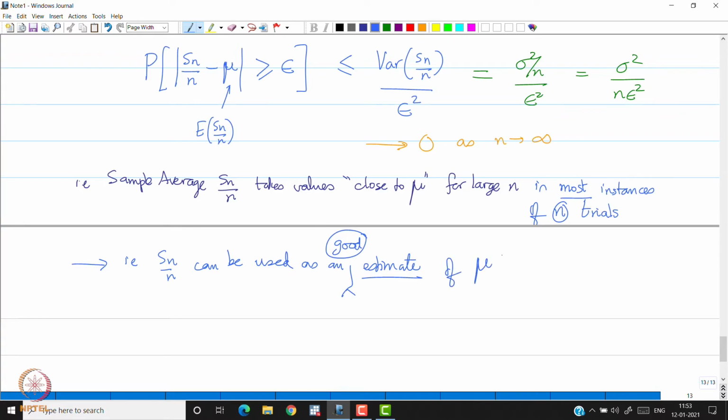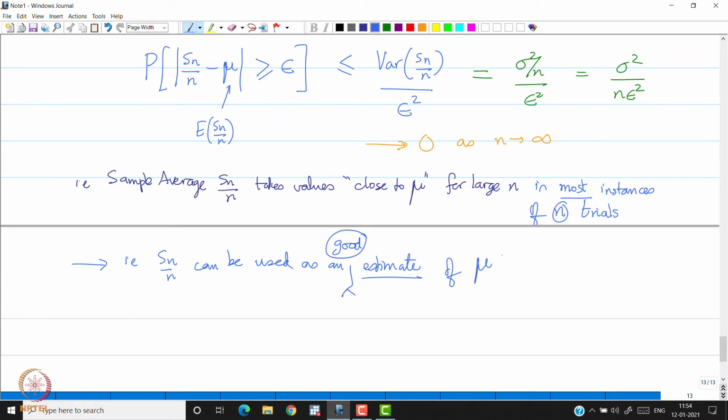So of course, in a real life situation, you don't know the mu, the mean of the xi's. But if you want to estimate this unknown mean and you have a good, reliable source of these xi's, where you can repeat the experiment any number of times, then you take n repetitions, average this, find the sample average, and it turns out that in most trials you can say fairly confidently that the sample average is going to be quite close to the underlying mean mu.